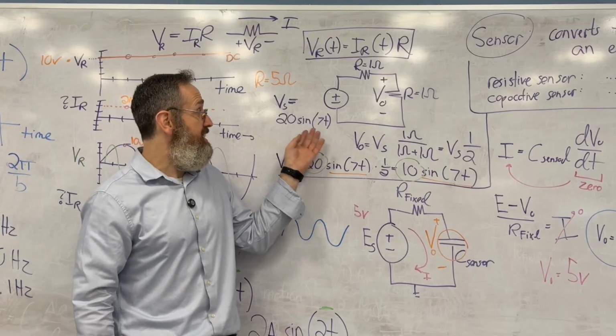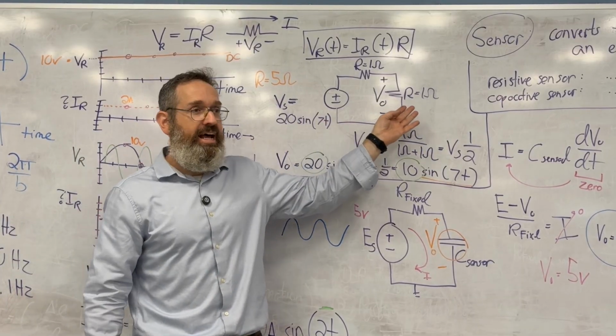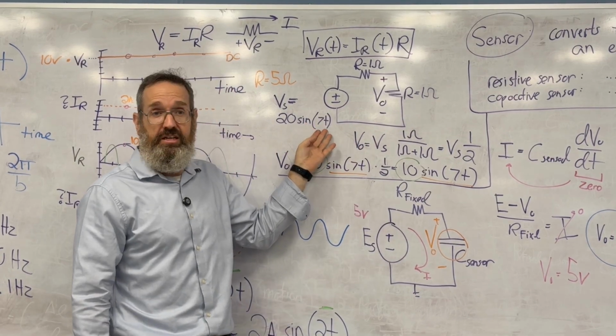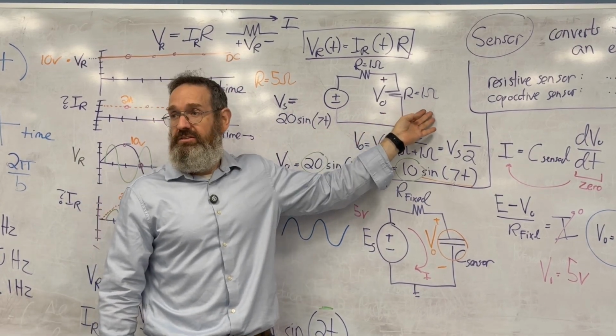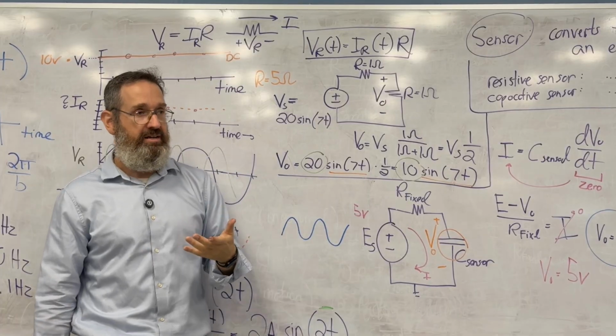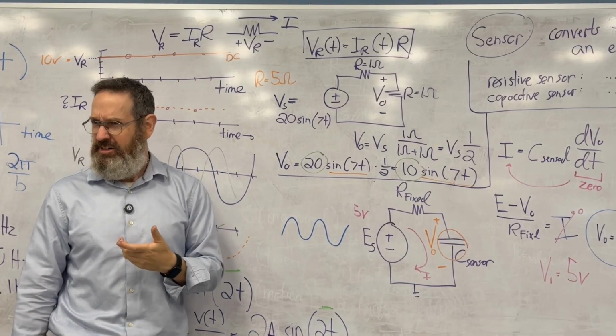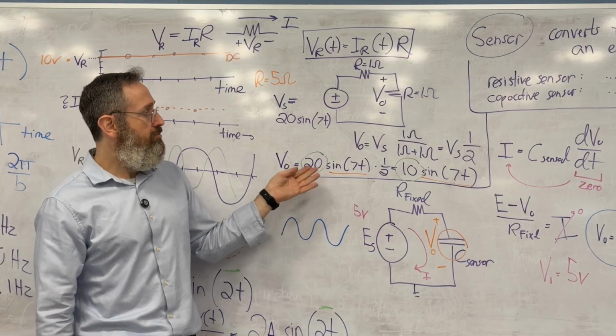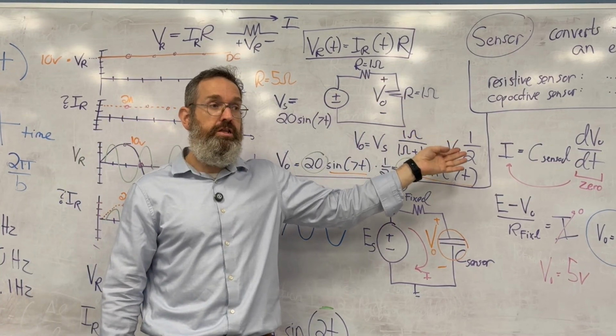But what you can see is I didn't put in a sinusoid and get out a square wave. I didn't put in sine of 7t and get out sine of 37t, because sinusoidal steady state analysis doesn't allow it. Now there's another way I could have done this, which would have been really annoying.